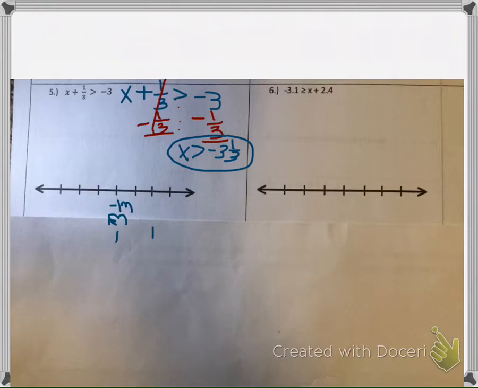This would be a negative 2 and 2/3. Okay, when I go the opposite way, this would be negative 3 and 2/3. So this would be a negative 4. Okay, and that would be an open circle, and it's greater than negative 3 and 1/3. So I'm going to shade that to the right.